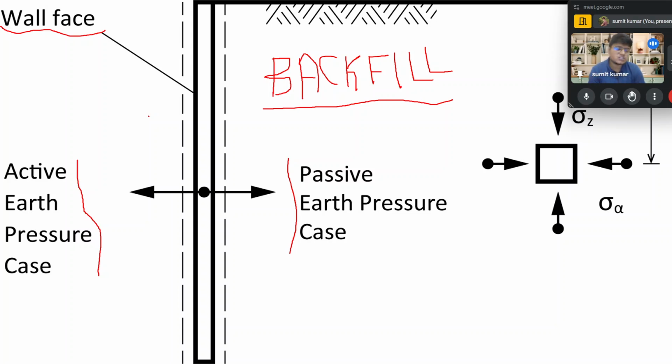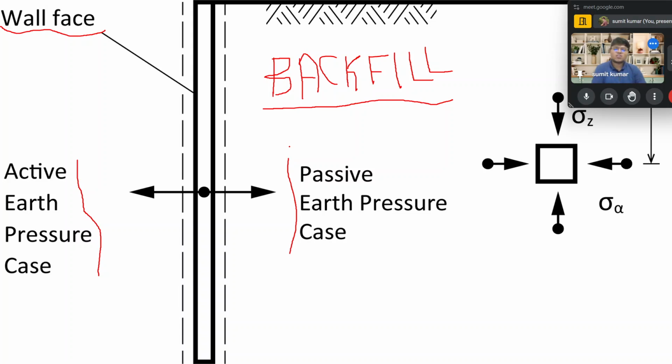As you see, when this wall moves toward the backfill, there is an increase in the stress in the horizontal direction when we compare with the vertical direction. So over here, the earth pressure in the horizontal direction will be dominant, with the maximum principal stress in the horizontal direction.